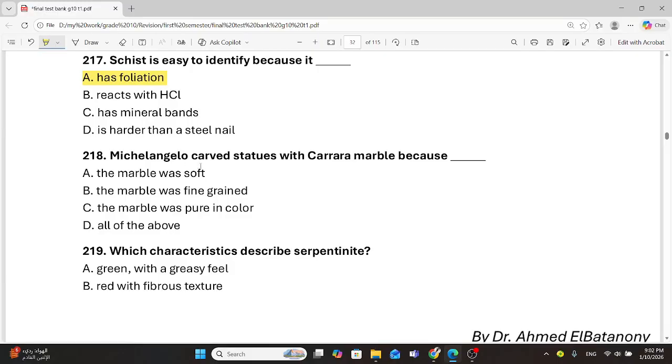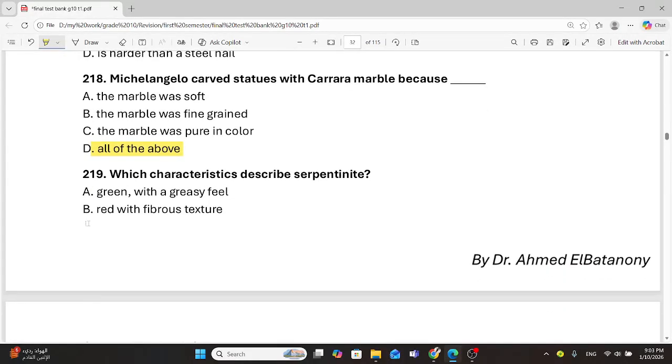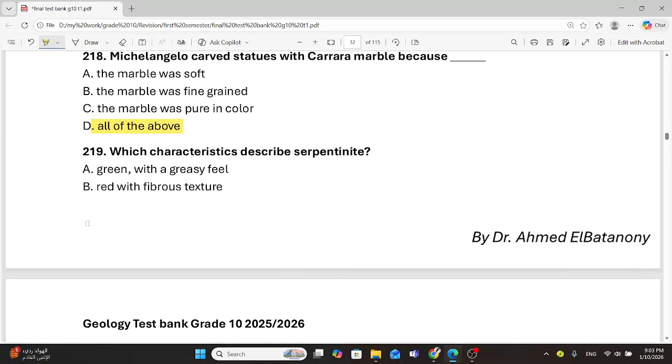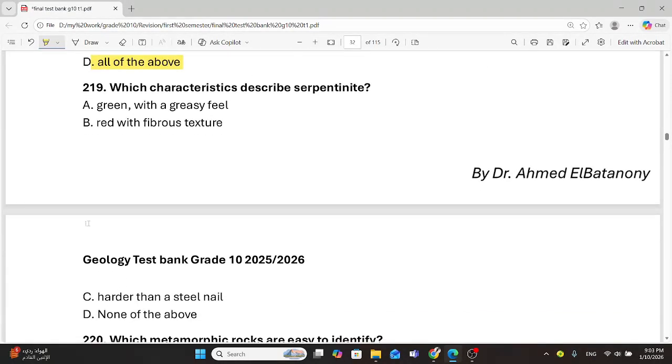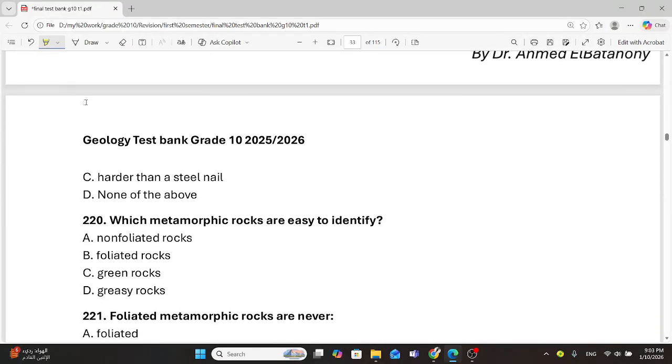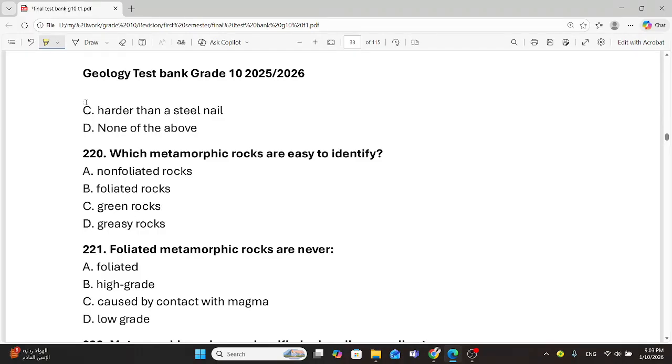طيب Michelangelo carved statues with Carrara marble because the marble was soft while marble was fine-grained while marble was pure in color ولا all of the above. All of the above. Which characteristics describe serpentinite? Green, waxy. تمام. Which metamorphic rocks are easy to identify?